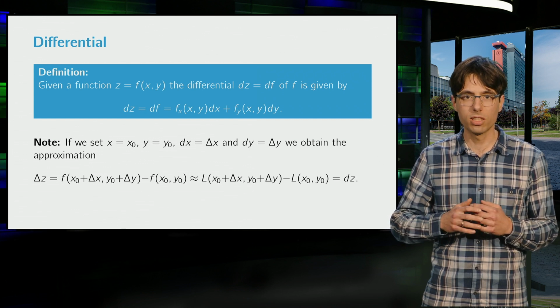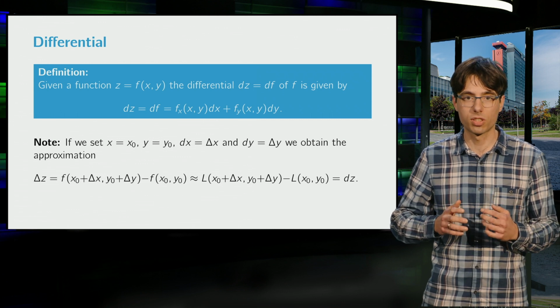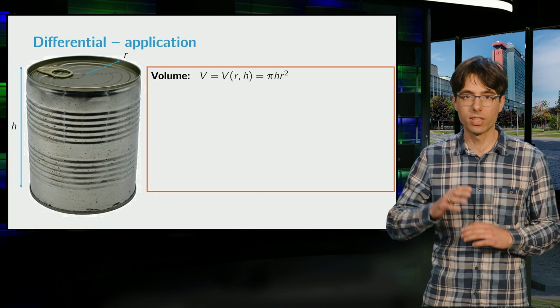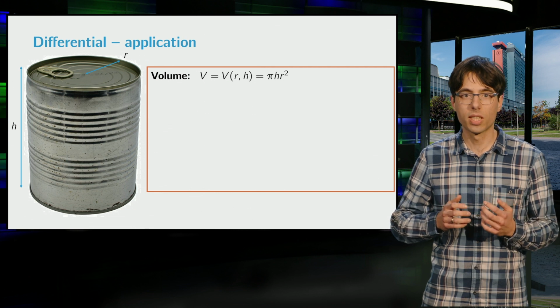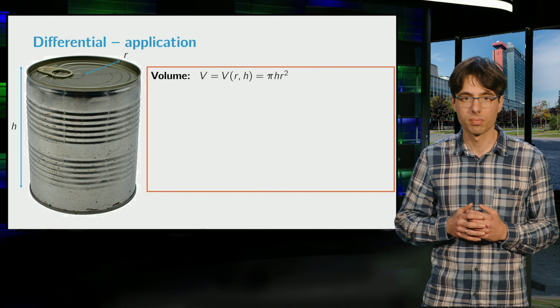A common application of such an approximation is to consider the volume of some kind of container. Indeed, consider a cylindrical can of height h and radius r. Then the can contains a volume given by the height h times the area pi times r squared.